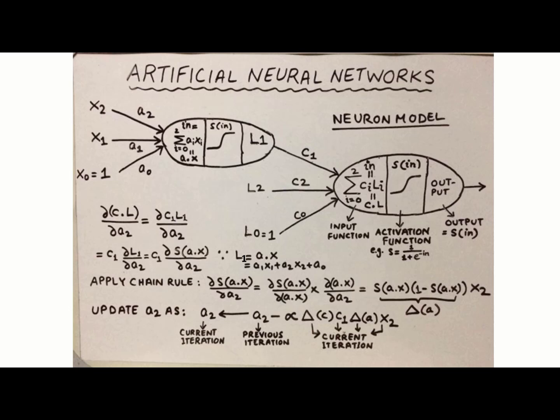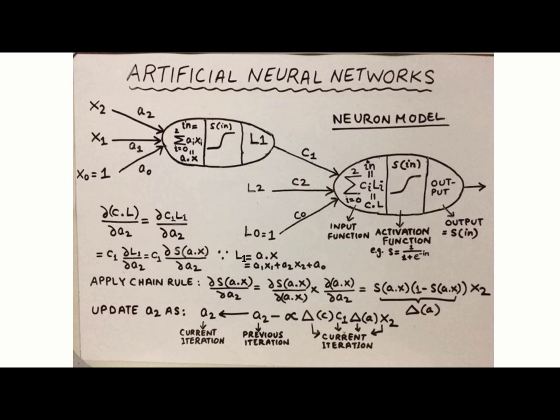But now we think about, where did this L1 come from? Well, L1 is an output of another neuron over here, whose inputs are x1, x2, and constant input 1. And these inputs are multiplied by the coefficients A2, A1, and A0 respectively.